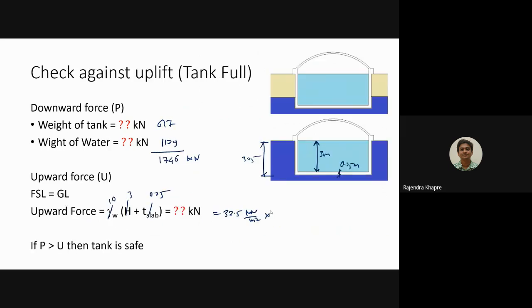If you multiply this with 32.5, you will be getting the upward force. ठीक है, so how much is this multiplication? 32.5 multiplied by 39.03 comes to 1268.